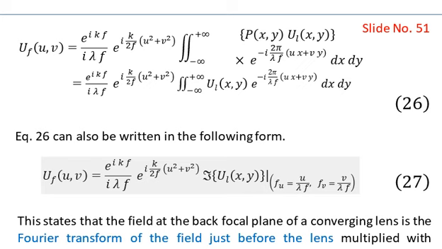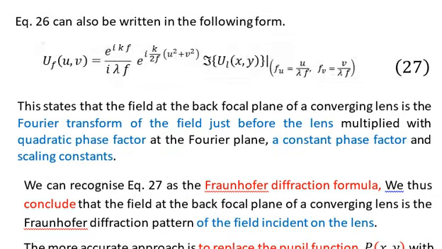So equation number 27 gives you the symbolic form of the field at the back focal plane of the lens, whereas the analytical or explicit form is given by equation number 26. This integral is very important, as it gives you the Fourier transform of the field ul of x, y, which is the field just behind the lens. So this is the Fourier transform of the field just behind the lens, which we have written symbolically in equation number 27.